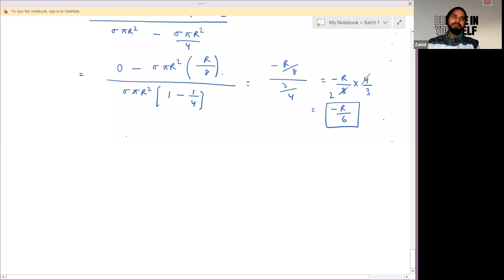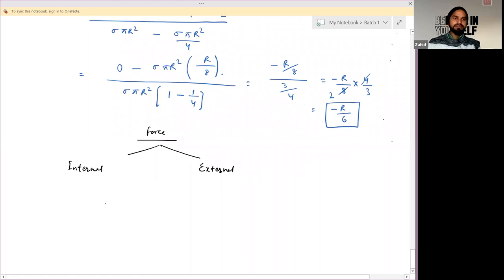Now, the next concept is about forces. So let me define you force. We may divide force into two different parts. First is internal force and second is external force.